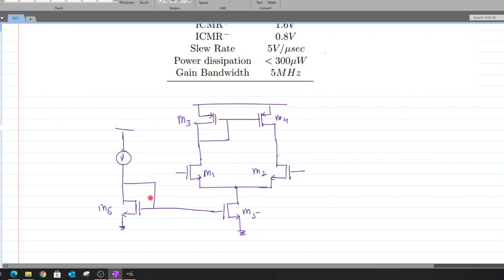Let me label this tail current as ISS, which is equal to ID5. It would be the same current that is driven here, provided the aspect ratios of M5 and M6 are the same. So with this, we are done with this circuit.